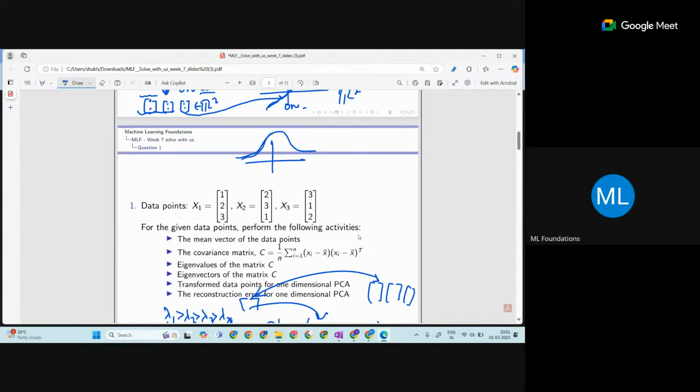But maximizing variance means the curve becomes flatter, and all the points are spread out.